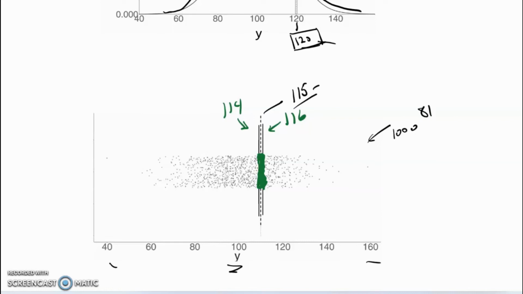And I can refer to the probability of a point lying between those two vertical solid lines as probability mass.